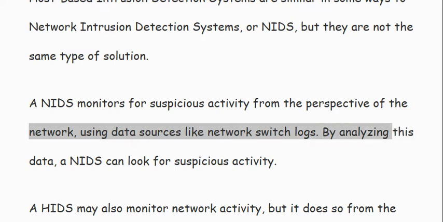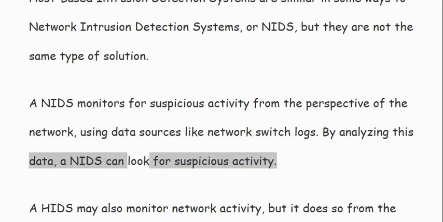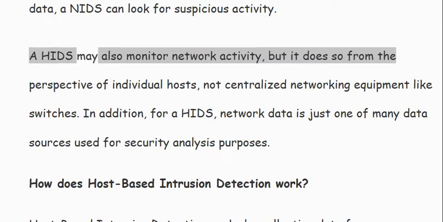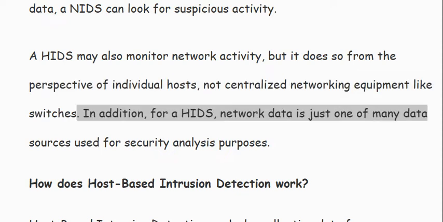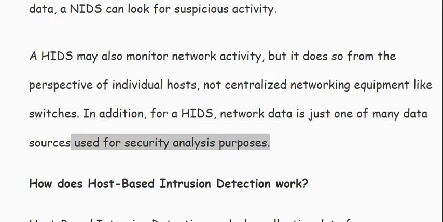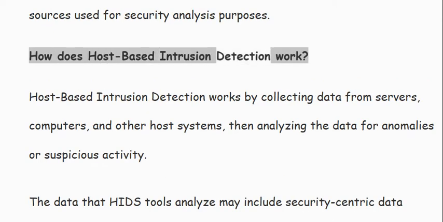By analyzing this data, a NIDS can look for suspicious activity. A HIDS may also monitor network activity, but it does so from the perspective of individual hosts, not centralized networking equipment like switches. In addition, for a HIDS, network data is just one of many data sources used for security analysis purposes.